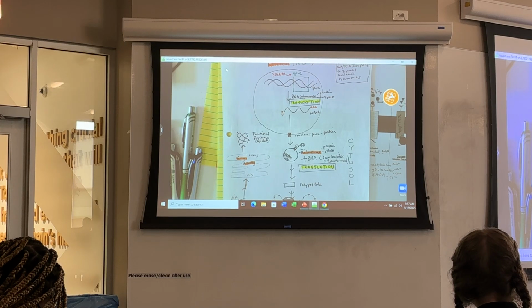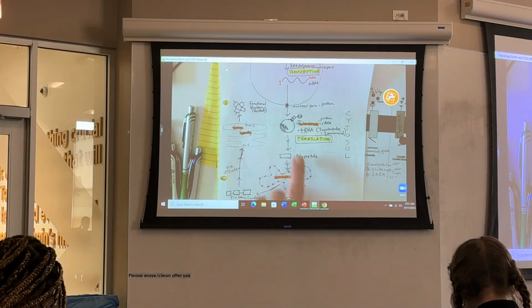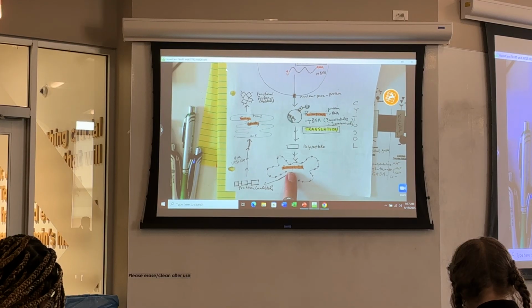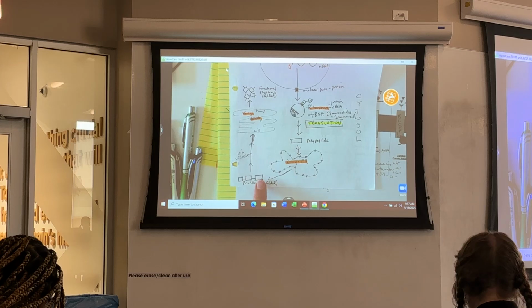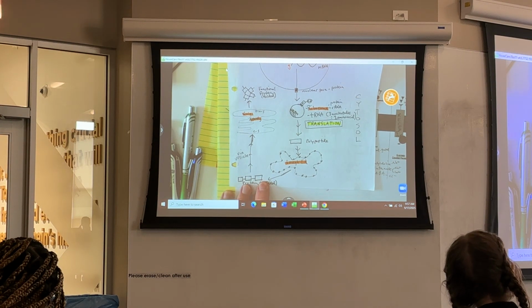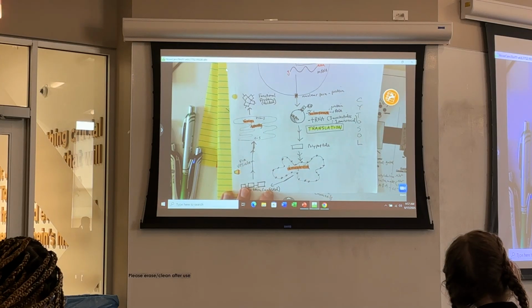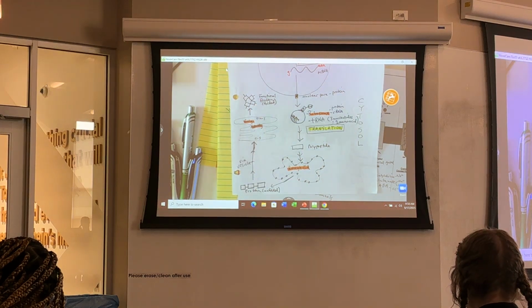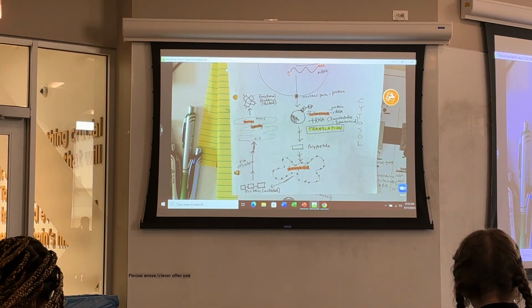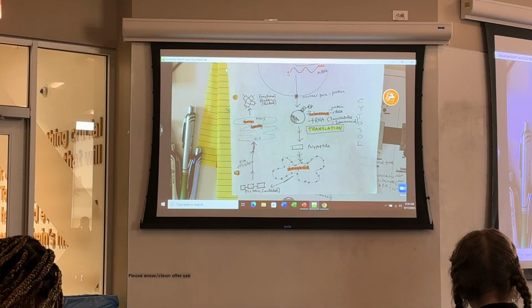Polypeptides are too immature and in the wrong shape to be fully functional, so we need to process them. After they're translated in the rough endoplasmic reticulum, they might string together a series of polypeptides or modify that polypeptide into a more complete protein, but it's not folded yet. Then it must go to the Golgi apparatus to be folded correctly, and then it is functional. Structure dictates function, so it has to be in the correct shape to function correctly.